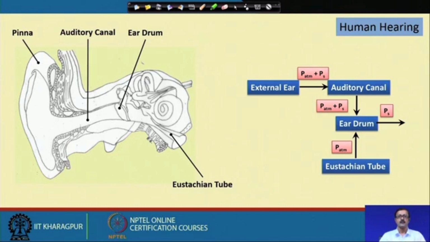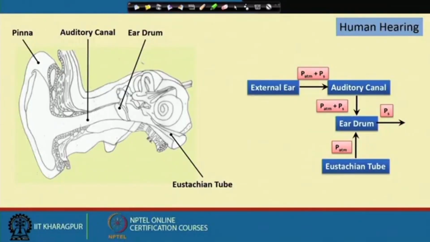There is another tube that goes from our mouth to the ear, called the Eustachian tube. This Eustachian tube only takes care of the atmospheric pressure, and it also proceeds to the eardrum.